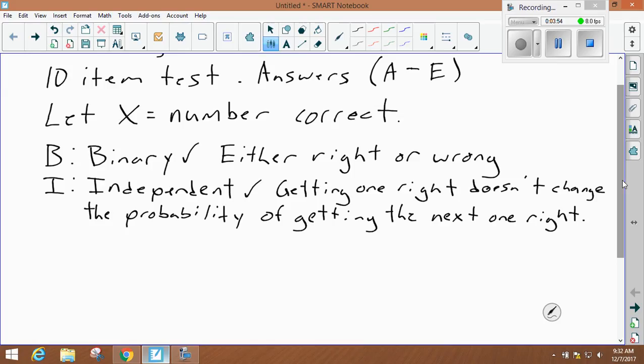And then our n, so that stands for number, right? Are there a fixed number of trials? Definitely, right? There are 10 trials.